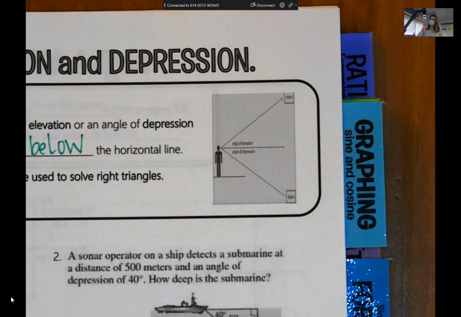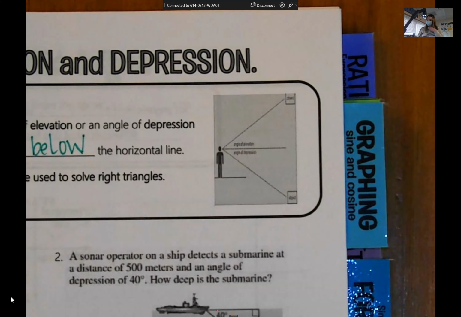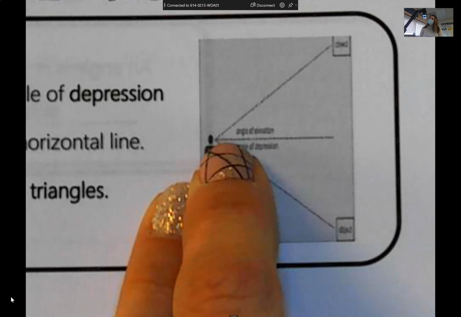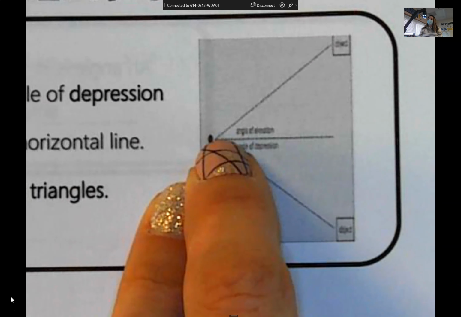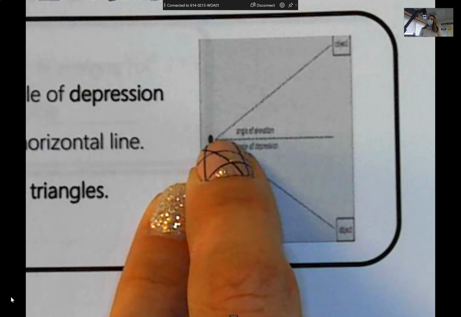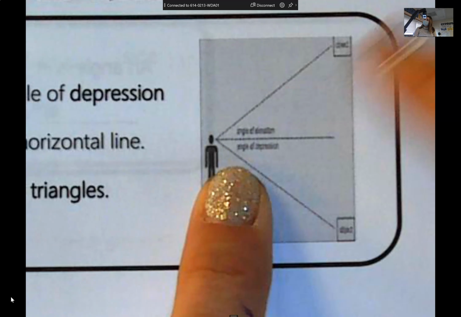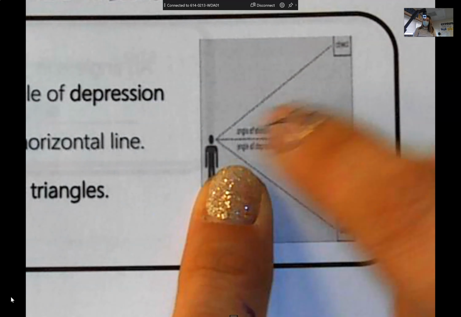So this idea of line of sight is being described right here. If you're looking up, here's the guy's line of sight. These lines are coming out of his face. If the person is looking up, this is an angle of elevation.